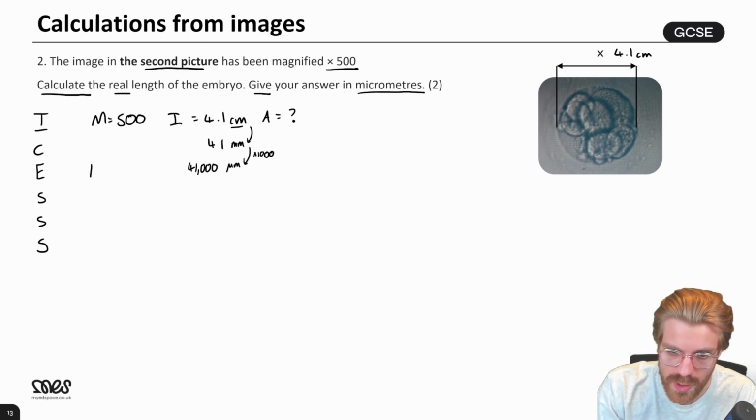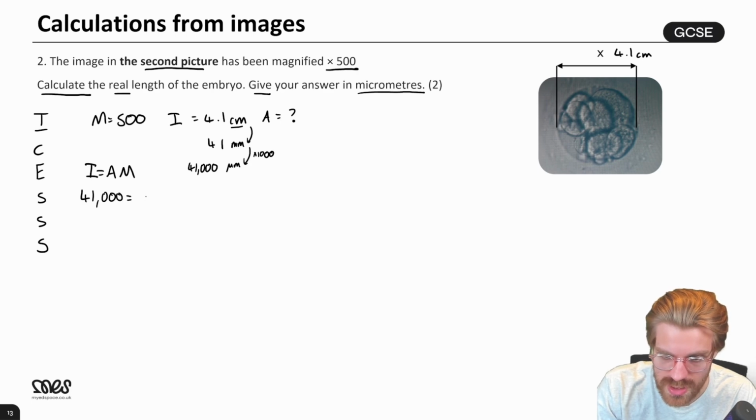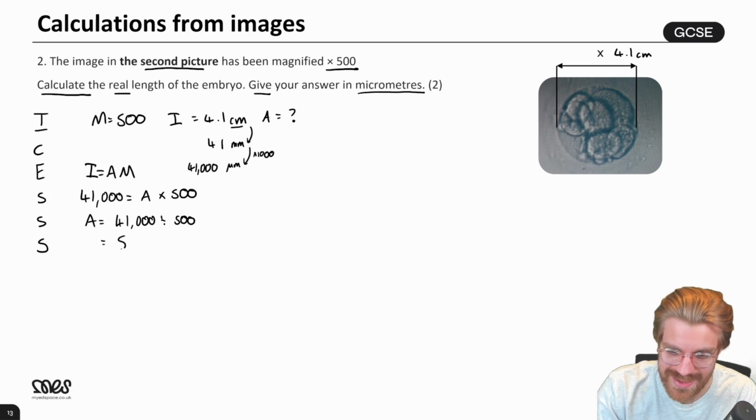Next, I write out my equation, image size equals actual size times magnification, and then I substitute in my values. So 41,000 equals the actual size times 500. I solve my equation. My actual size is equal to 41,000 divided by 500, and our final answer comes out as 82 micrometers.